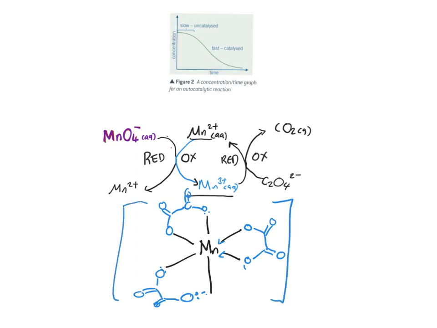So this is a 3+ complex, and the overall charge is 3-, and these bonds here get weakened by the very polarizing Mn3+ ion at the top. In weakening these bonds, it therefore lowers the activation enthalpy for the reaction.